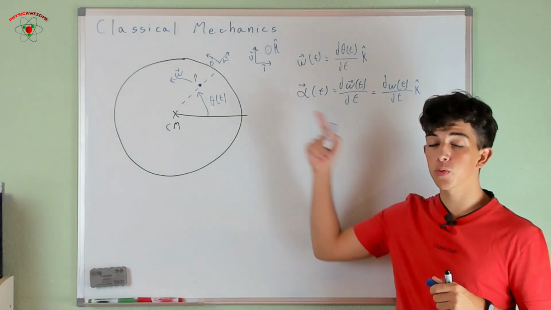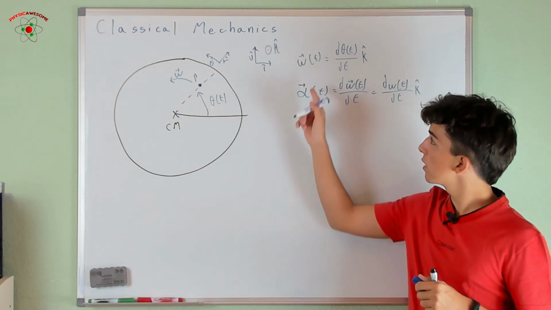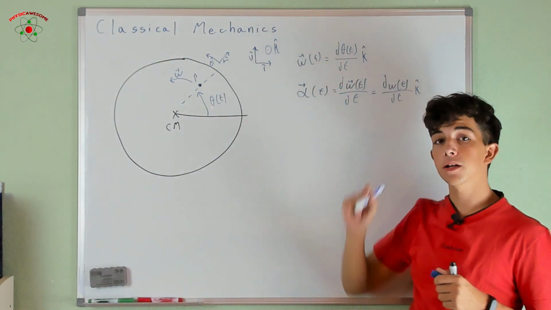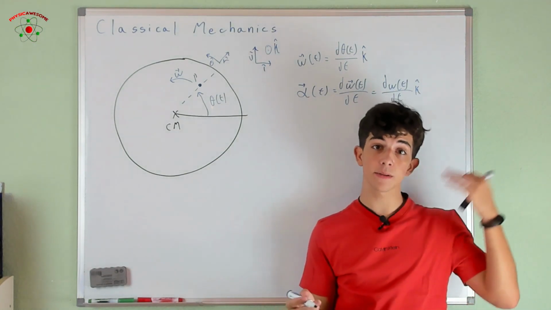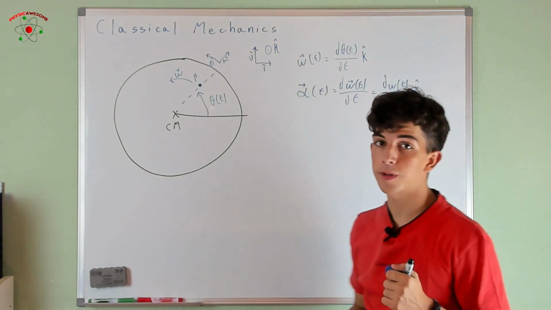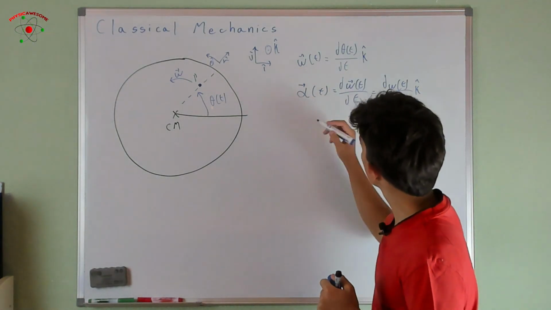Now we would like to express this alpha in terms of the position of theta, and we can do so very easily, similar to what we did in that first video or second video of this series.